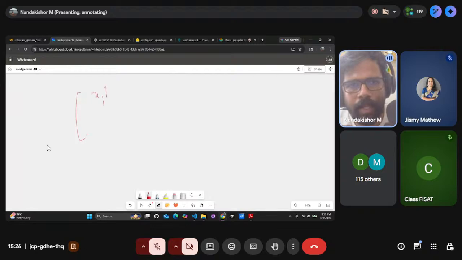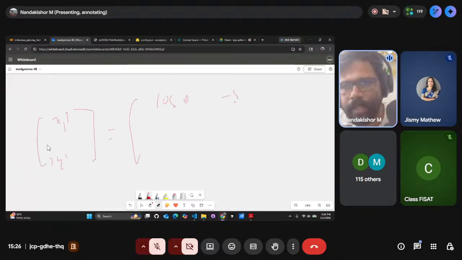x1 rotated, x2 rotated equals the rotation matrix: cos theta, minus sine theta, sine theta, and cos theta, applied to x1, x2. Here p theta is there.